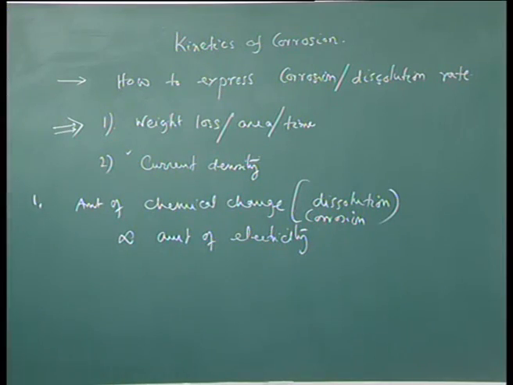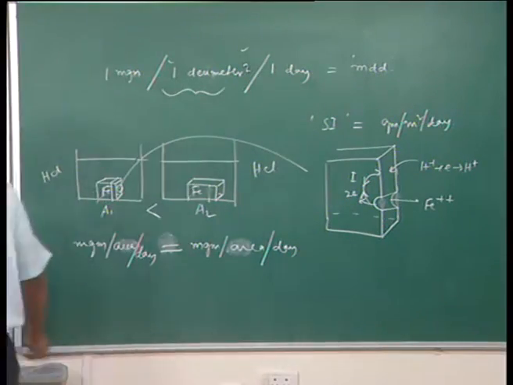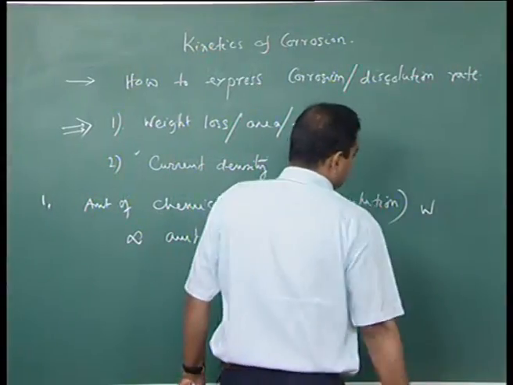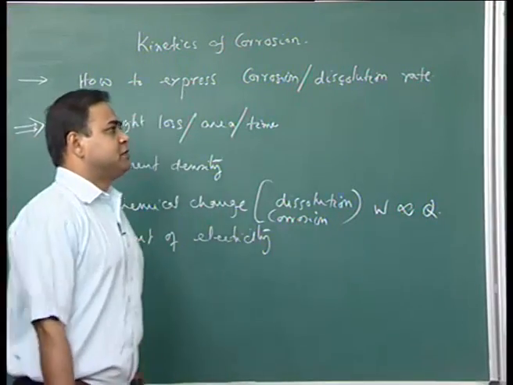Let us say the metal loss or metal dissolution is W, then W would be proportional to Q, the amount of charge.